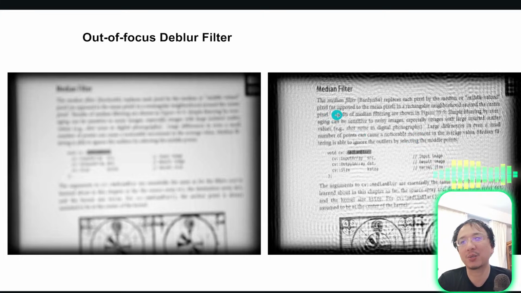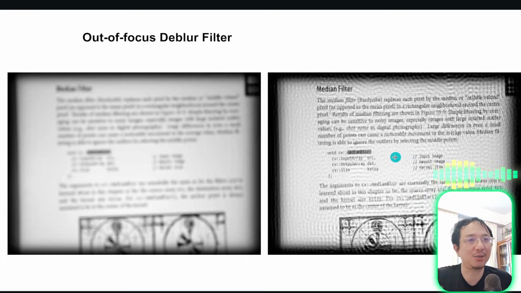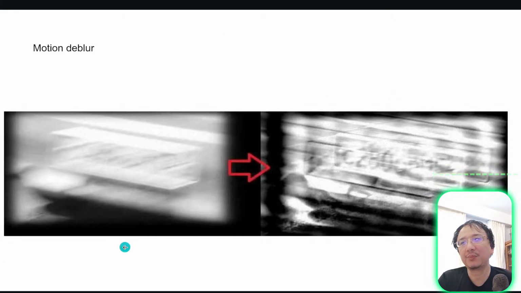And sometimes you don't get readable results. So if you have a low resolution or blurred image of a book, you probably won't get a result as good as what we see right here. But sometimes it works, and I think it's worth noting.